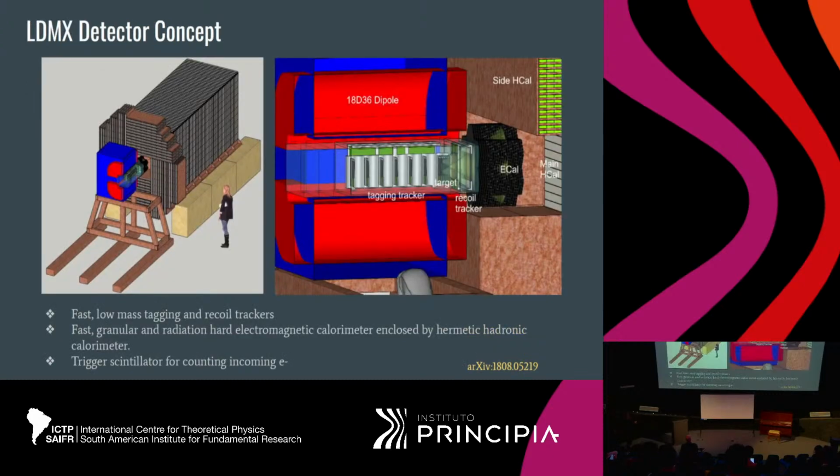Okay, so I was describing the detector. As I said, after the target you have a calorimeter to measure the energy of the scattered electron. And around the calorimeter you have a very thick hadron calorimeter, which has the aim to detect, again as in the NA64 case, hadrons or particles that may be produced in interactions.